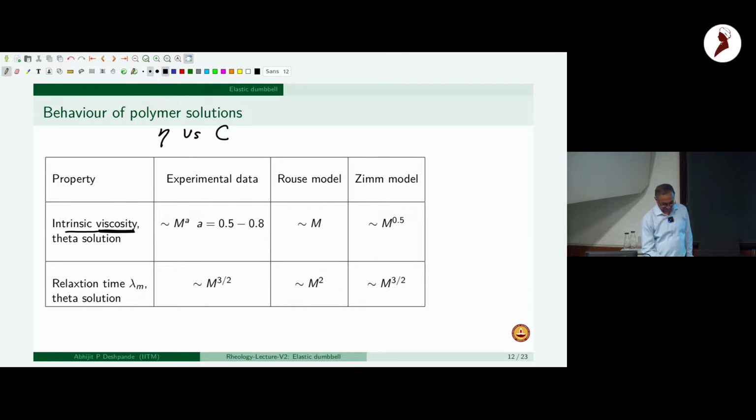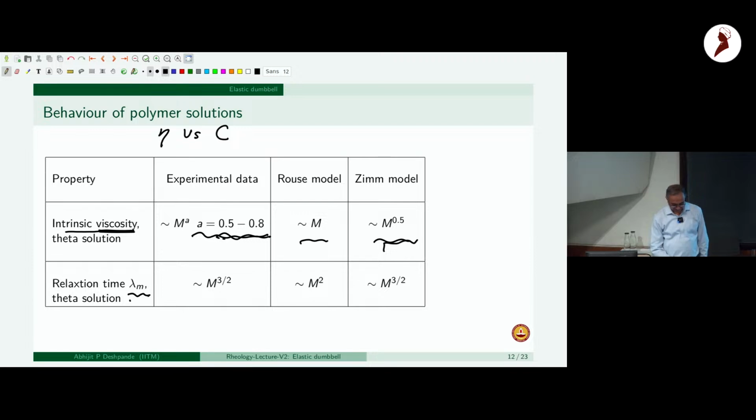Experimentally, we know that the exponents of the dependence on molecular weight are 0.5 to 0.8. And so the Rouse model and Zimm model sort of span the kind of exponents that are observed, with the Zimm model coming somewhat closer. But of course not always capturing it, because in the Zimm model also there are no interactions between beads in terms of hydrogen bonding or van der Waals or any other set of interactions.